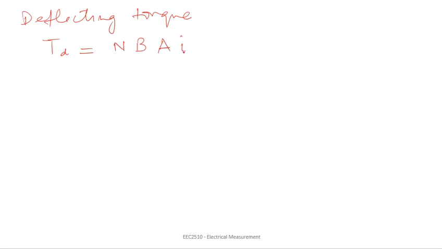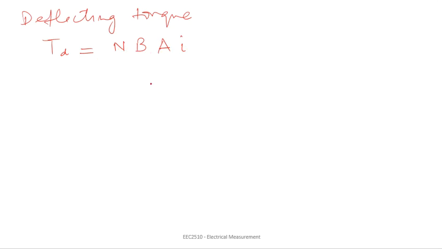So, the deflecting torque can be written as follows. If we represent the deflecting torque by T with subscript D, then it is equal to the product of N, B, A, I, where all these parameters are defined in the previous slide.